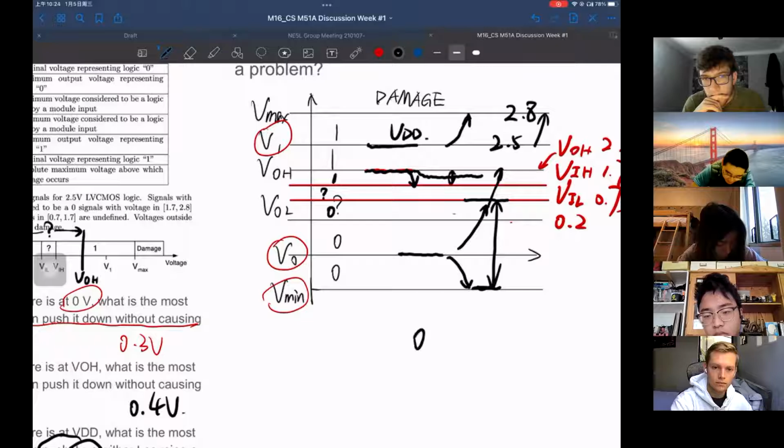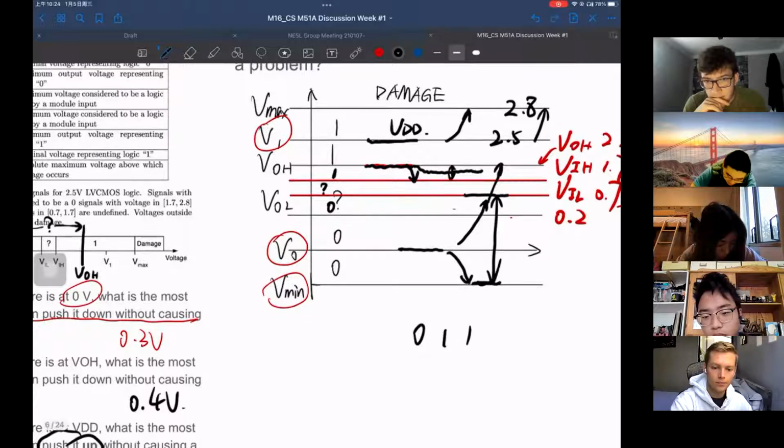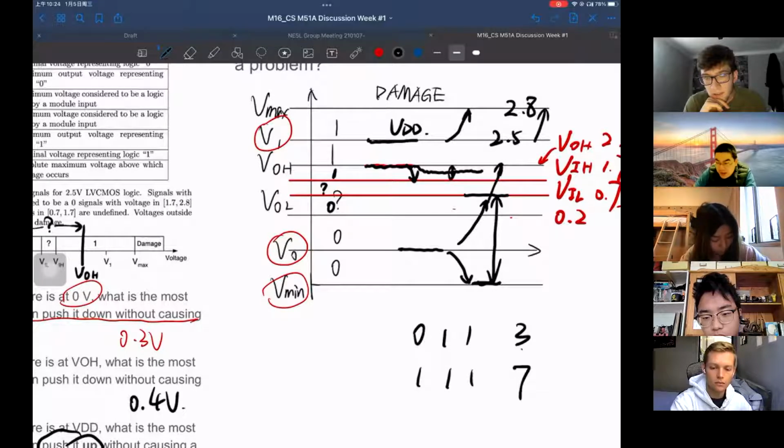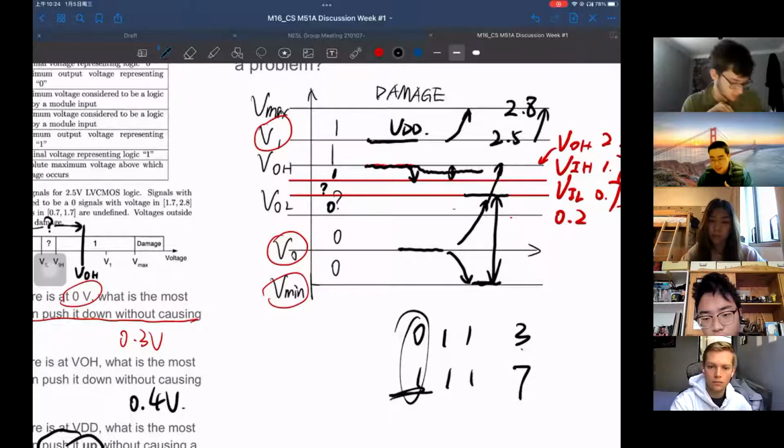Let's say we have 0, 1, 1, which is 3. But if I give you 1, 1, 1, it becomes 7. You see the difference, right? Just one incorrect bit can cause a lot of problems downstream. So that's why we try to avoid this. That makes sense?